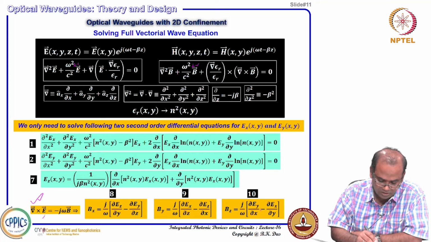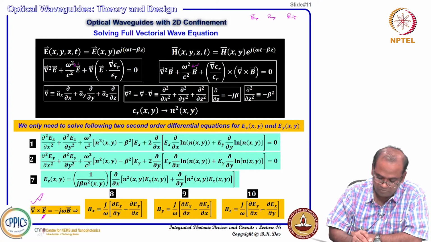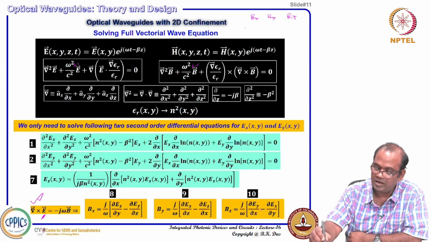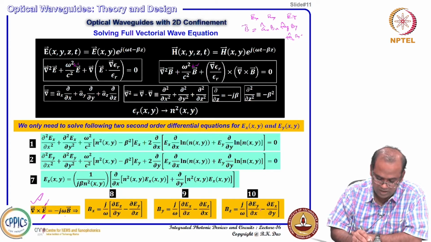So, all the components of the E vector are known, I have Ex, Ey, Ez, they are known. And B means Bx plus By plus Bz, B vector means ax Bx plus ay By plus az Bz. So, I just insert E and then every component Bx, By, Bz I can derive.